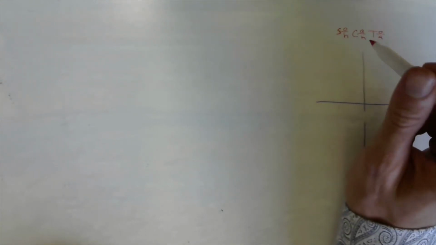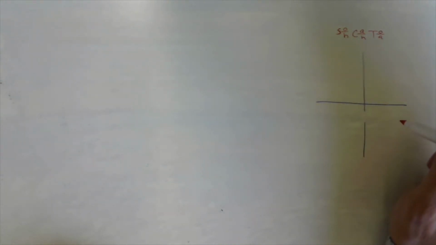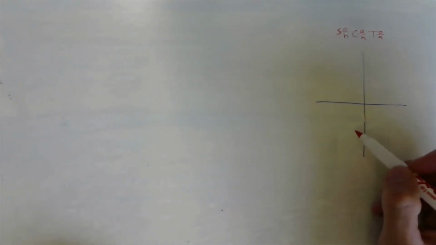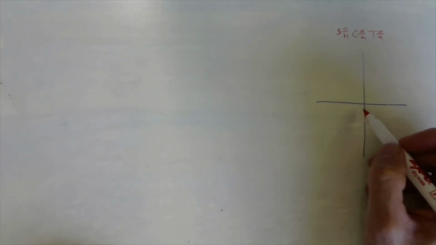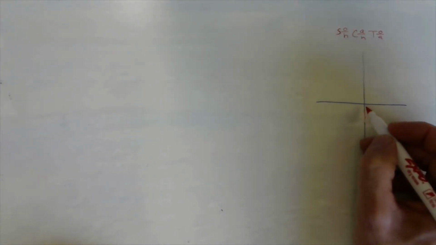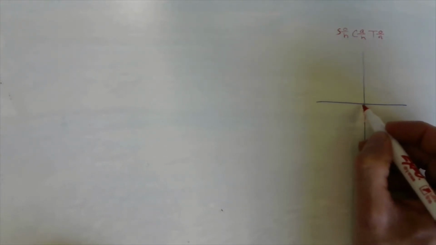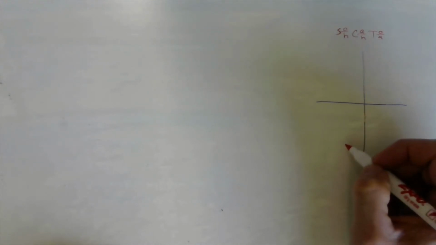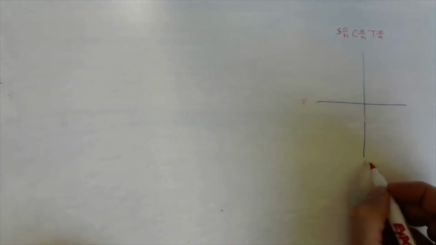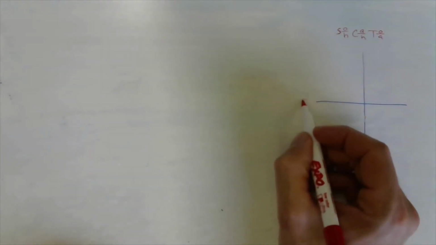And I know that the sine of A is going to be negative in a couple of these quadrants, but we're going to be down here in quadrant 3, and we're going to have an opposite of negative 4 and a hypotenuse of 5. How do I know that we're in the third quadrant? It tells us that angle A is in between pi and 3 pi over 2. Okay, so I know that we're in the third quadrant.